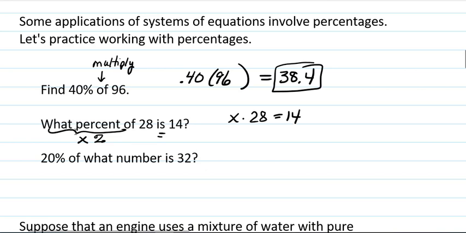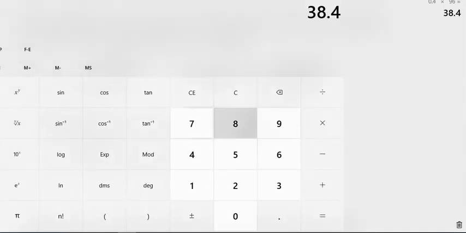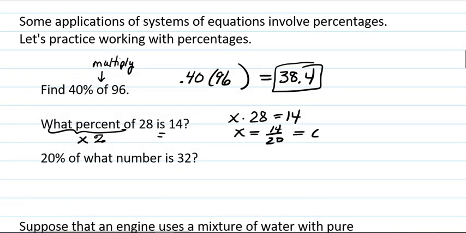So you just divide 14 by 28 to get x by itself. 14 divided by 28 in decimal form would be 1/2, 0.5. Now this is the decimal form of the percent, so to rewrite it in percent form, move the decimal 2 places to the right, and that means 50%. Doesn't that make sense though? 50%, or half, of 28 is equal to 14.